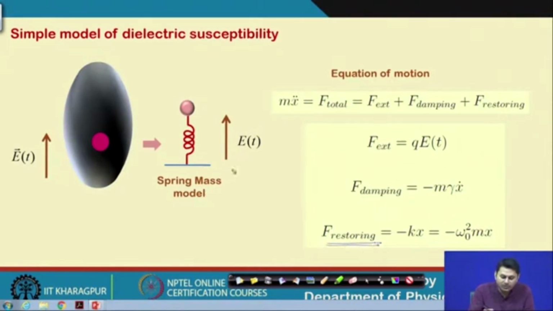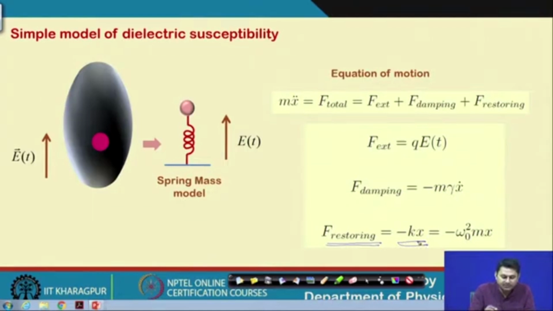If I launch the electric field, it will change the location of the electron, but because of the restoring force, the electron tries to come back to its original position. This force comes through the spring constant.